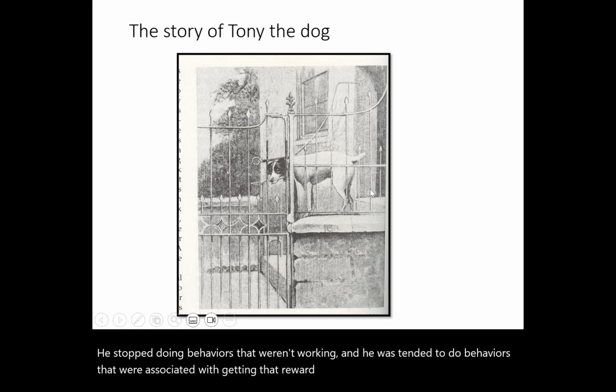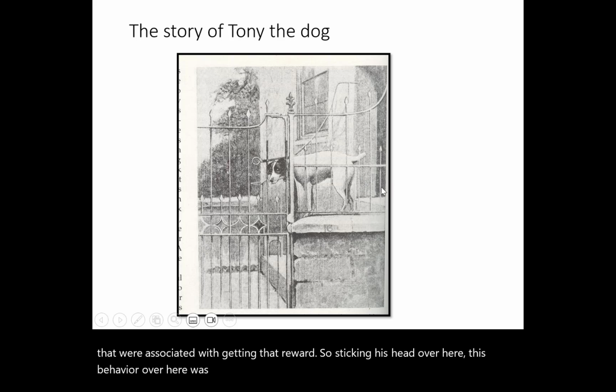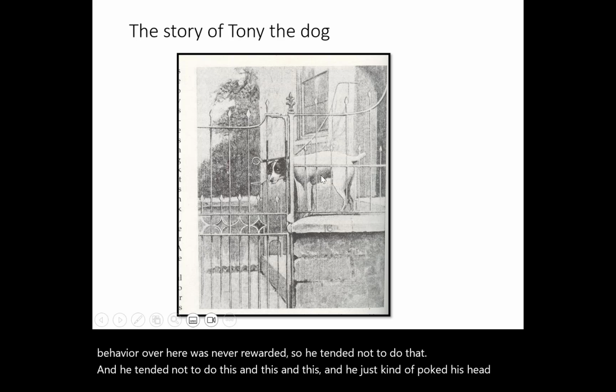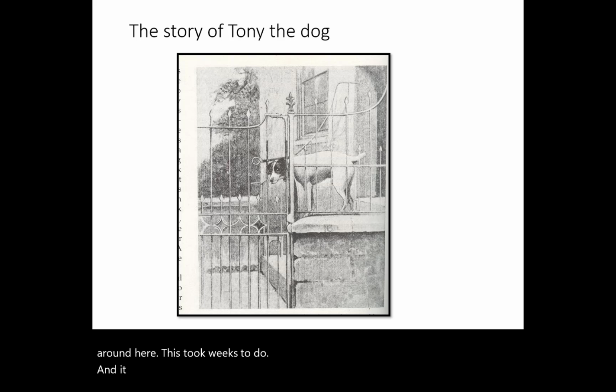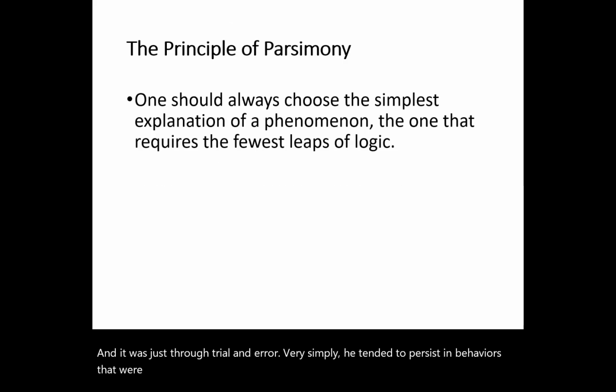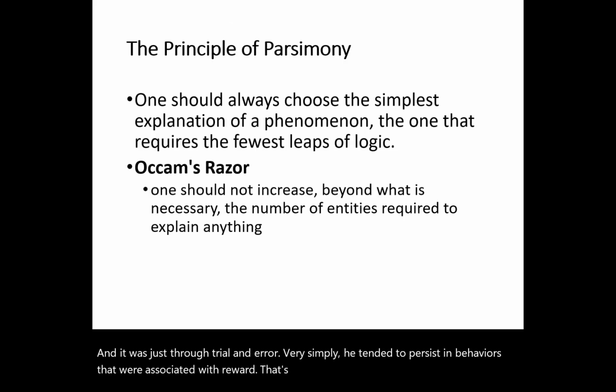So, sticking his head over here, this behavior over here was never rewarded, so he tended not to do that. And he tended not to do this and this and this, and he just kind of poked his head around here. This took weeks to do. And it was just through trial and error, very simply, he tended to persist in behaviors that were associated with reward. That's the principle of parsimony.